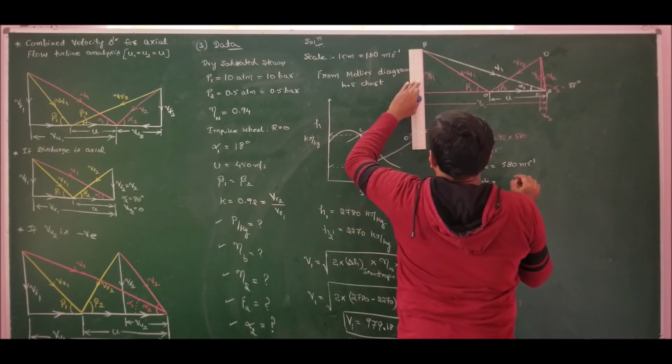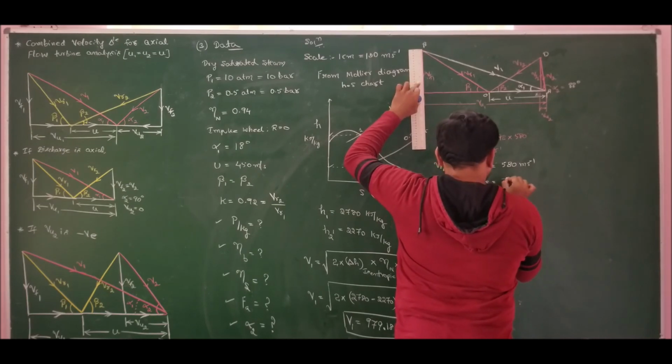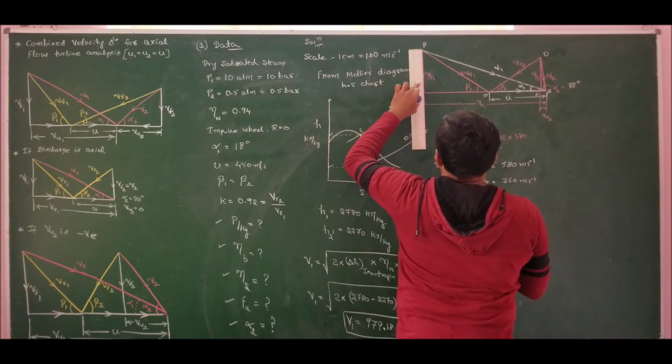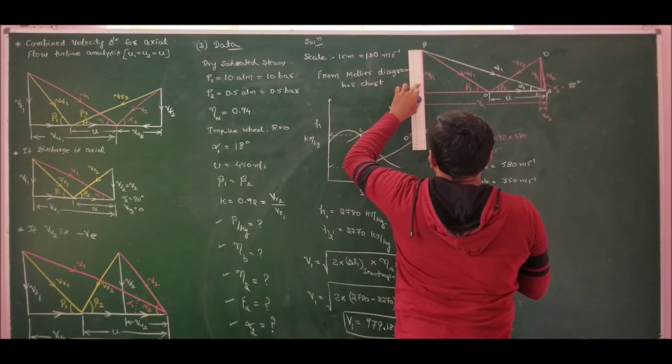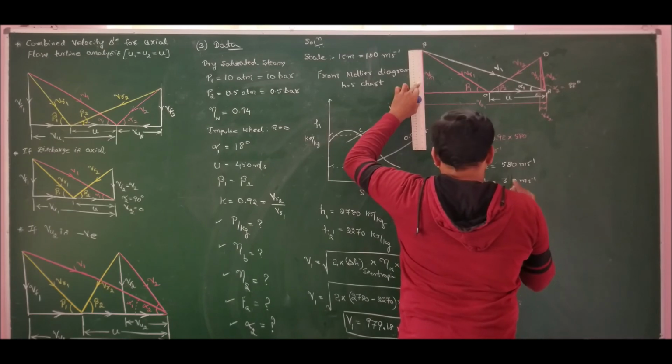Vf1 is 350 meters per second. So it is 3.7, therefore it is 370 meters per second.